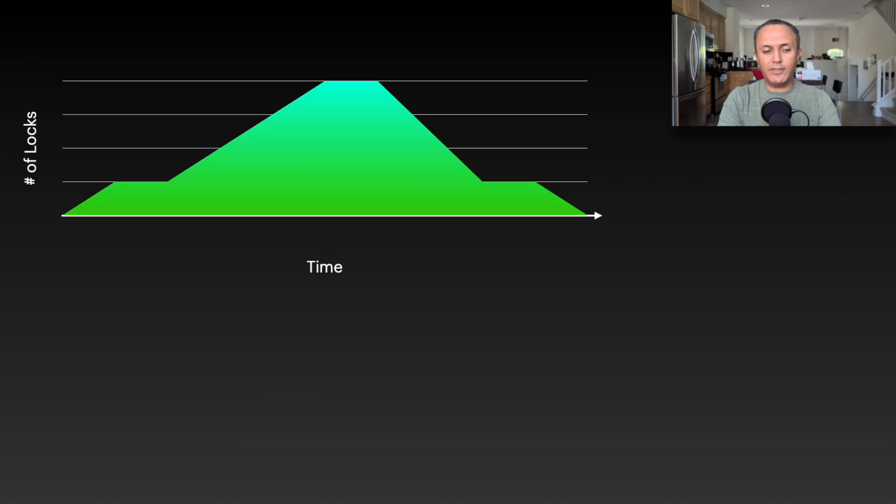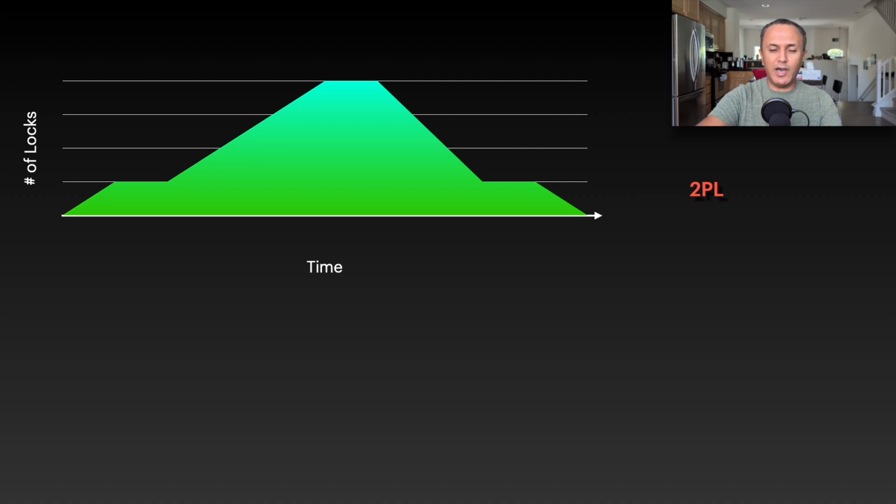If we look at the graph for two-phase locking, this is what it looks like. It just goes up during the growing phase. At the end of that, we know that we have acquired all the locks that we need, and again, we can be doing other operations as well. Then at some point, we realize we don't need some of these locks anymore, so we can start releasing locks until the end.